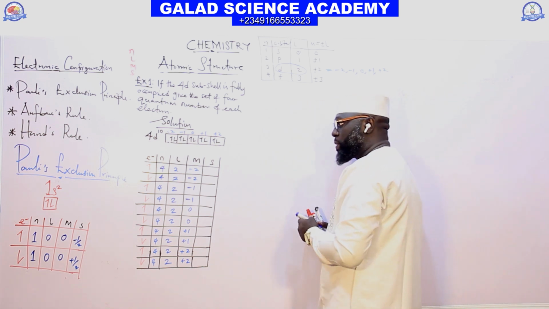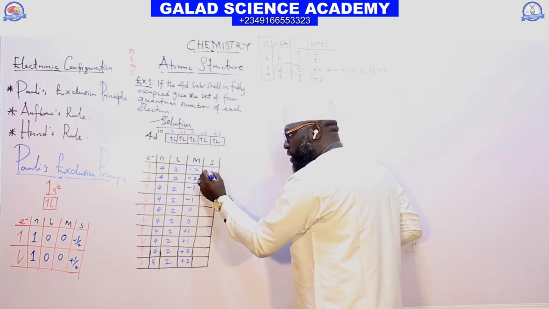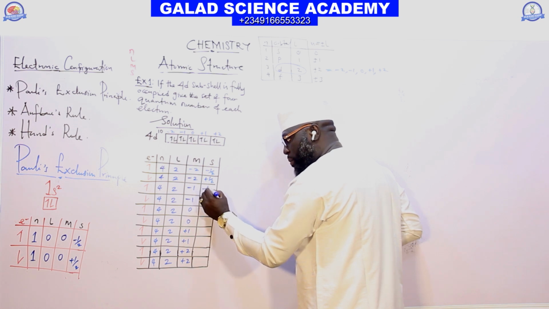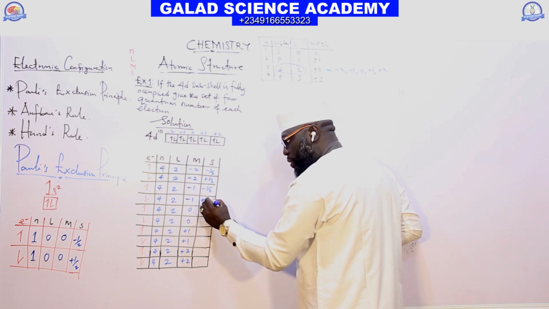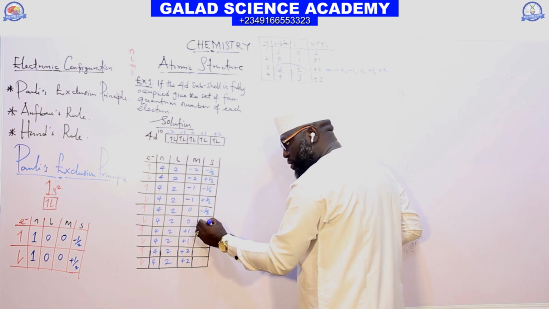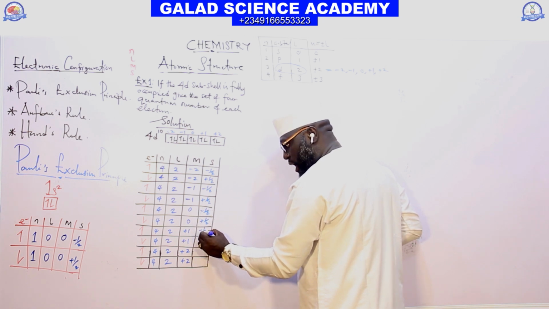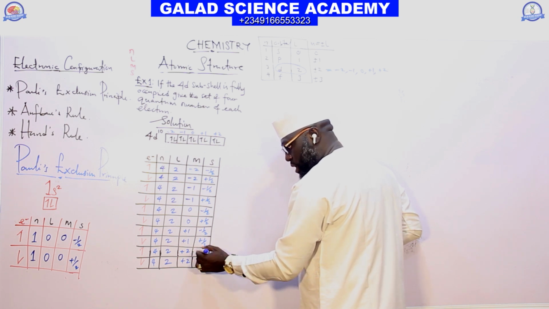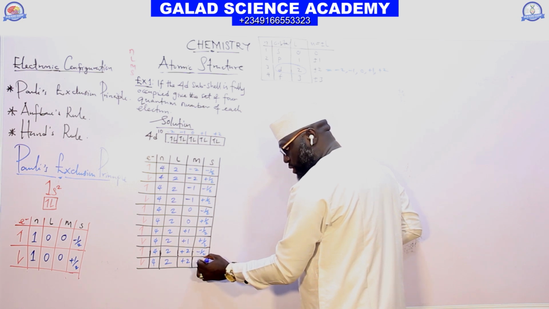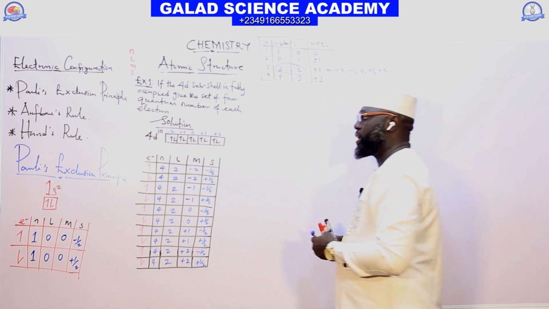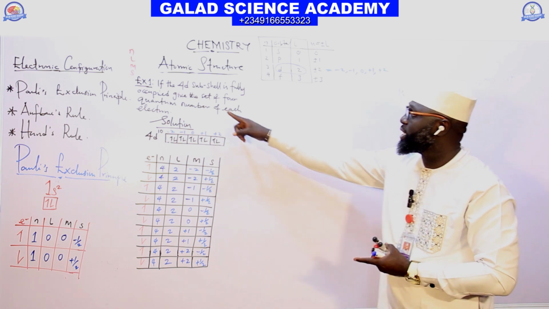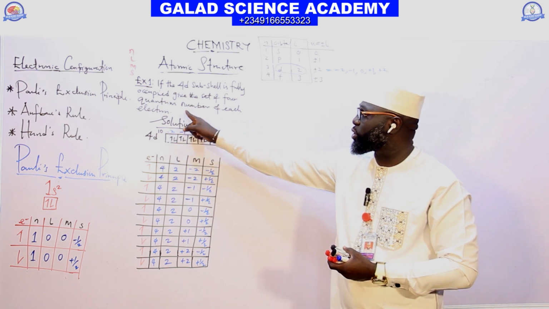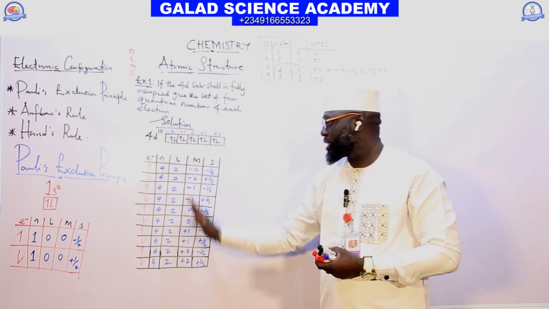For the spin, the one that spins up is minus half, and the one that spins down is plus half, alternating: minus half, plus half, minus half, plus half, and so on. So this is the set of four quantum numbers of each electron.